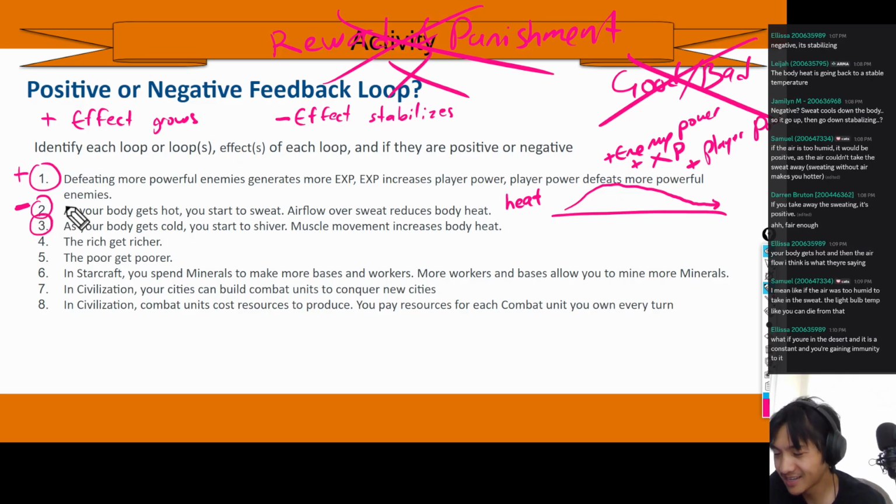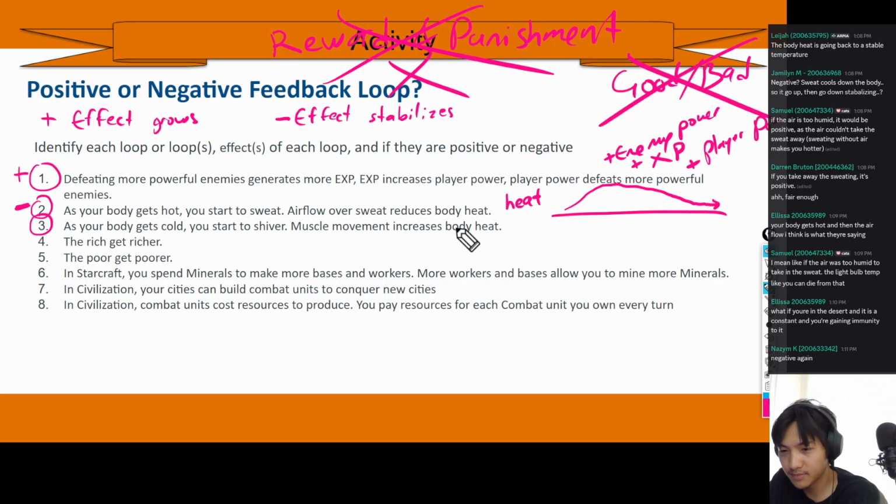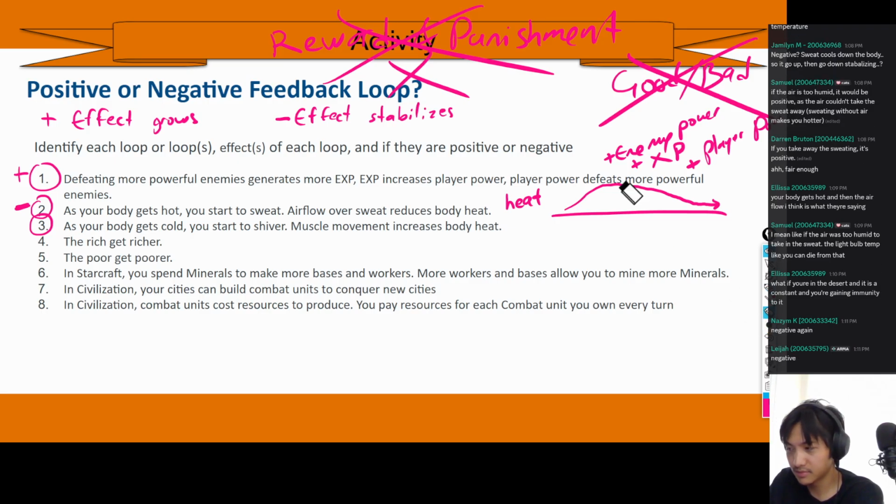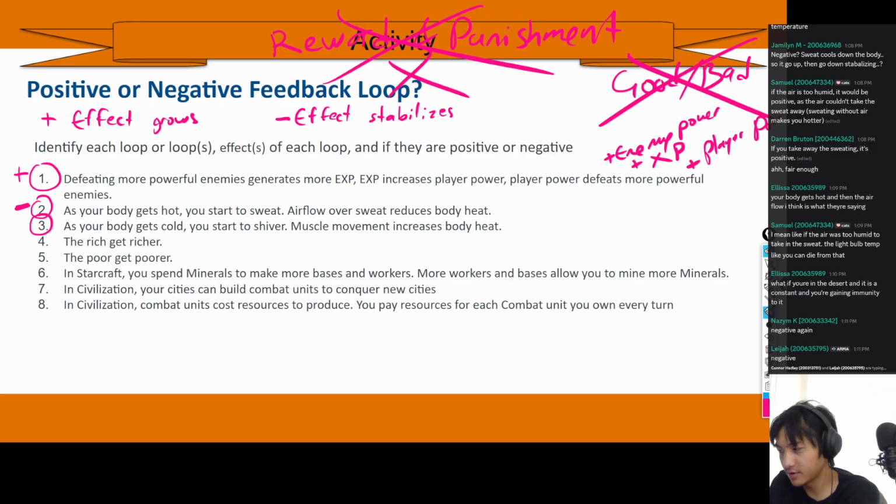Okay. Number 3. As your body gets cold, you start to shiver. Your shivering increases your body heat. Aha, also negative. Why? What's changing?